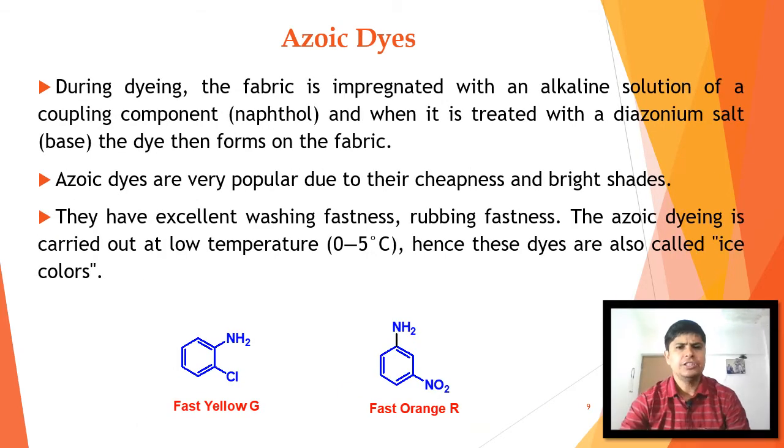In addition, during dyeing, the fabric is impregnated with an alkaline solution of a coupling component, that is naphthol, and when it is treated with a diazonium salt, that is the base, the dye then forms on the fabric. So we impregnate the fabric with the coupling component, naphthol, in an alkaline solution.